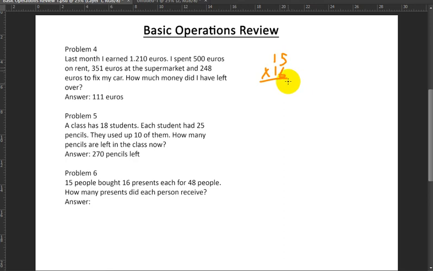6 times 5 would give me 30, so I'm going to write 0, I'm going to carry 3. 6 times 1 would give me 6 plus 3 that I carried over gives me 9. 0 beneath the 1s, and then 15. Because 1 times 15 is going to give me 15. I add.